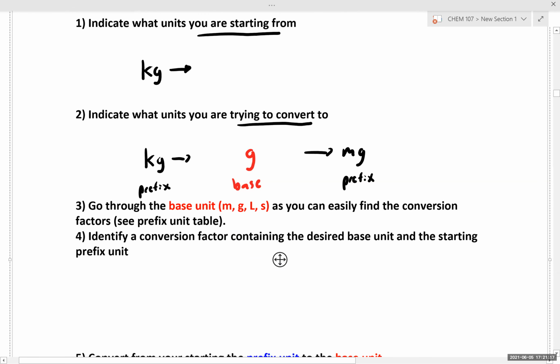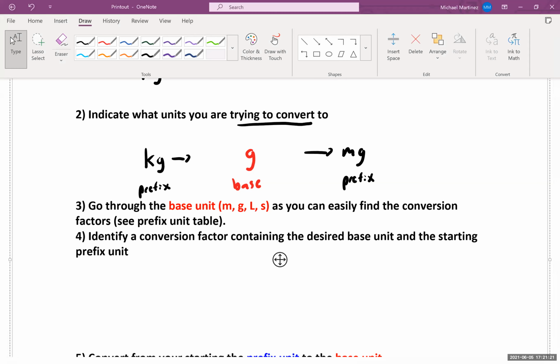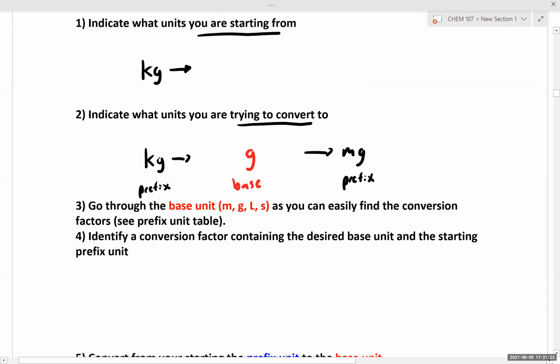Okay, so now that we have our unit conversion map, we're going to talk about each step of this unit conversion map. So we want to go from kilograms to grams to milligrams. So let's talk about this first step.